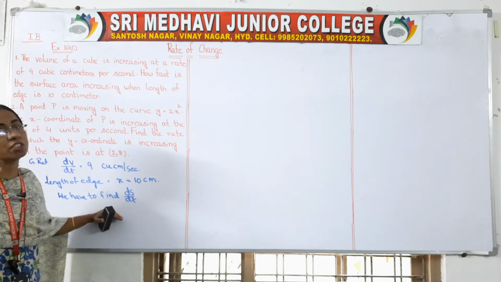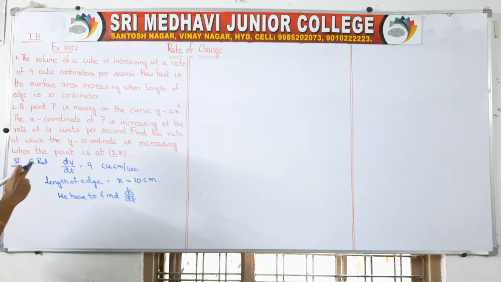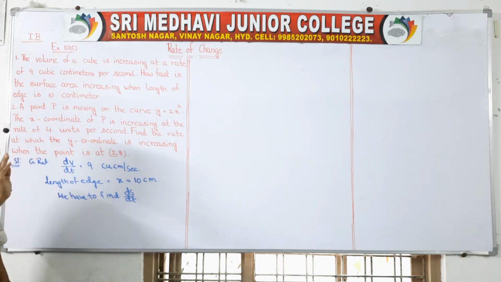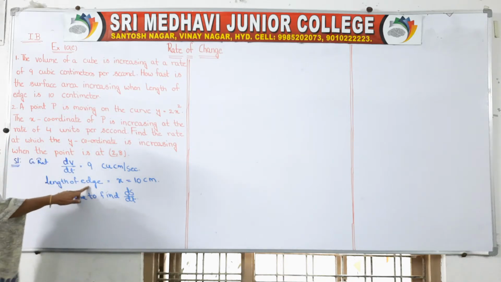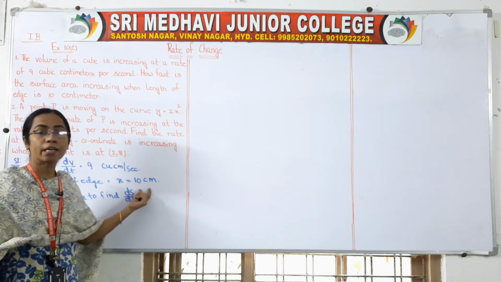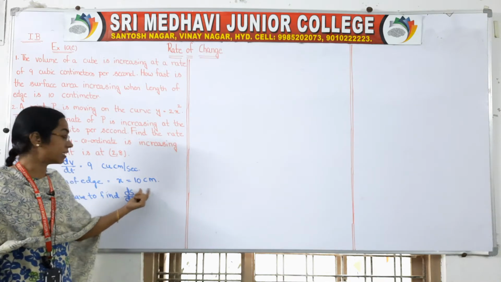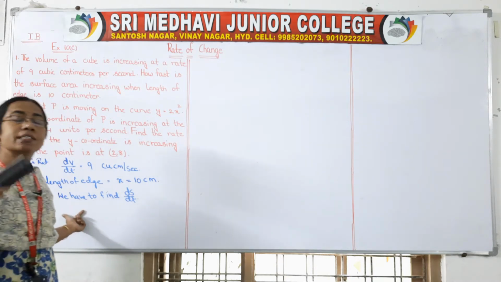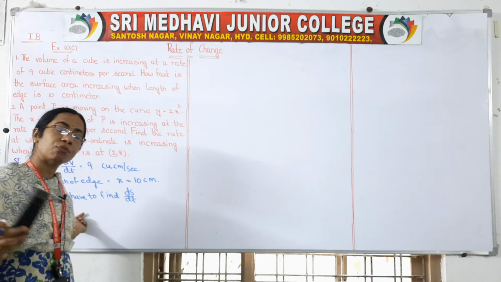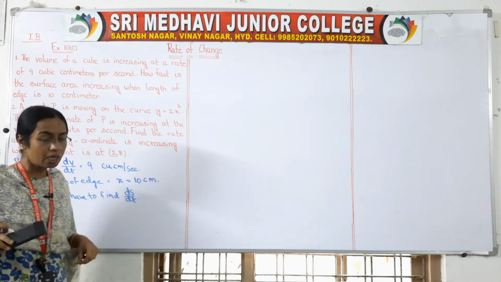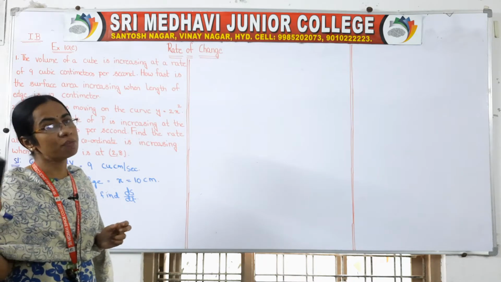The rate of change of volume is given as 9 cubic centimeters per second. Length of edge x is equal to 10 centimeters. Then we have to find the rate of change of surface area. Generally surface area is denoted by S and volume is denoted by V.